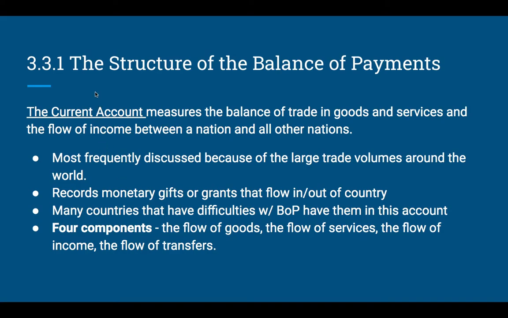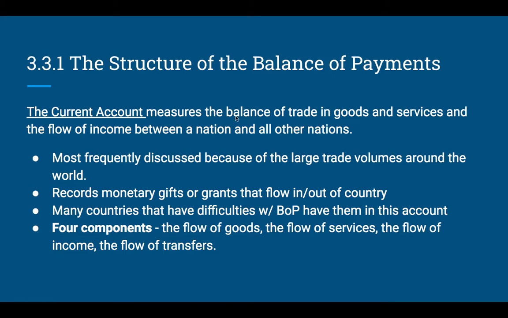So the last thing I want to get into for this part, I want to talk about the current account. I'm not going to go further than that today because I don't want to confuse anybody or overdo it. But the current account is a measure.